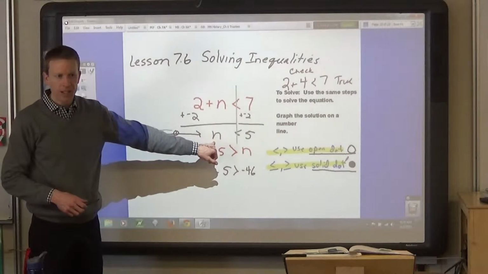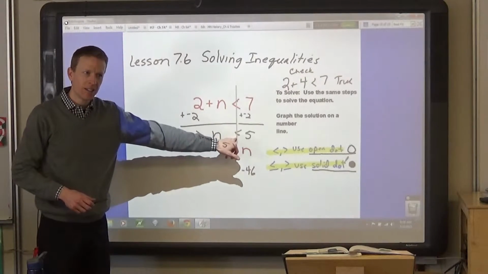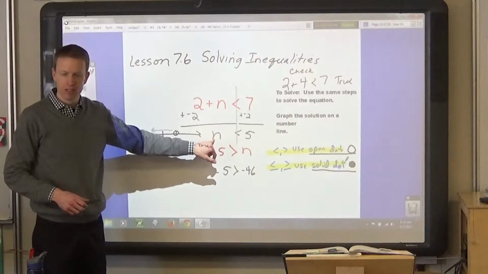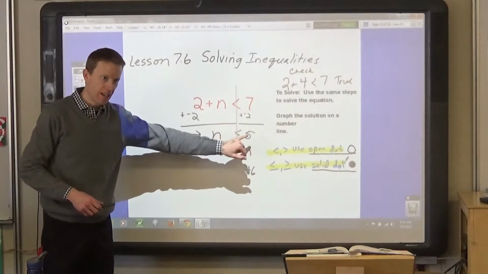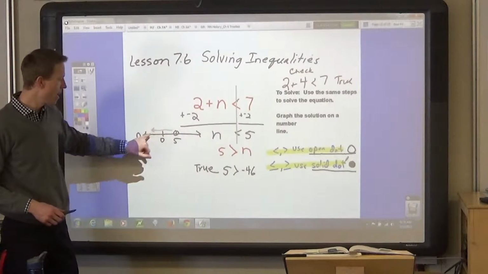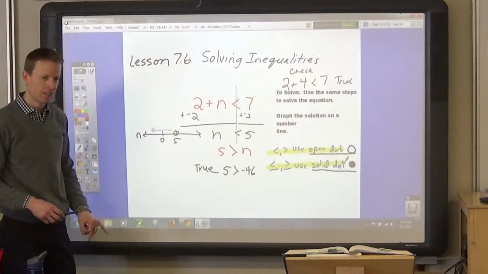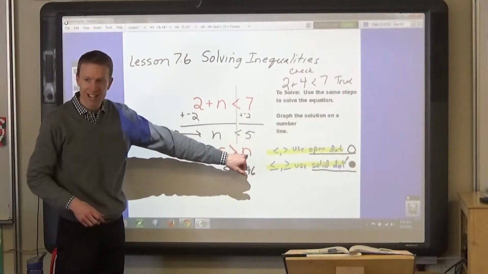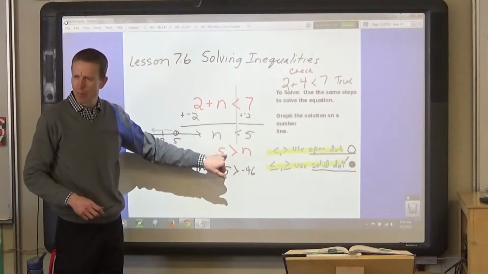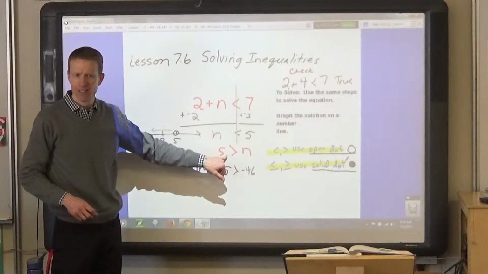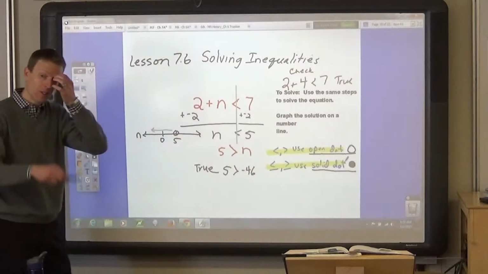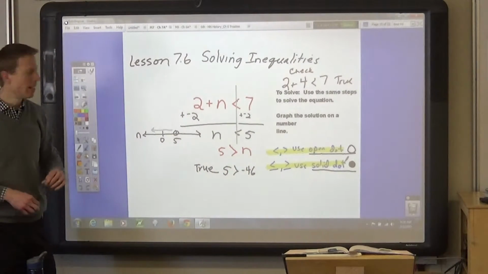Okay? Because then the sign tells you what the variable is related to the number. n is less than 5. This is the graph of n is less than 5. If you have it written as 5 is greater than n, then that's telling about 5. That means n is less than 5. So we have to turn that around in order to make sense of it.